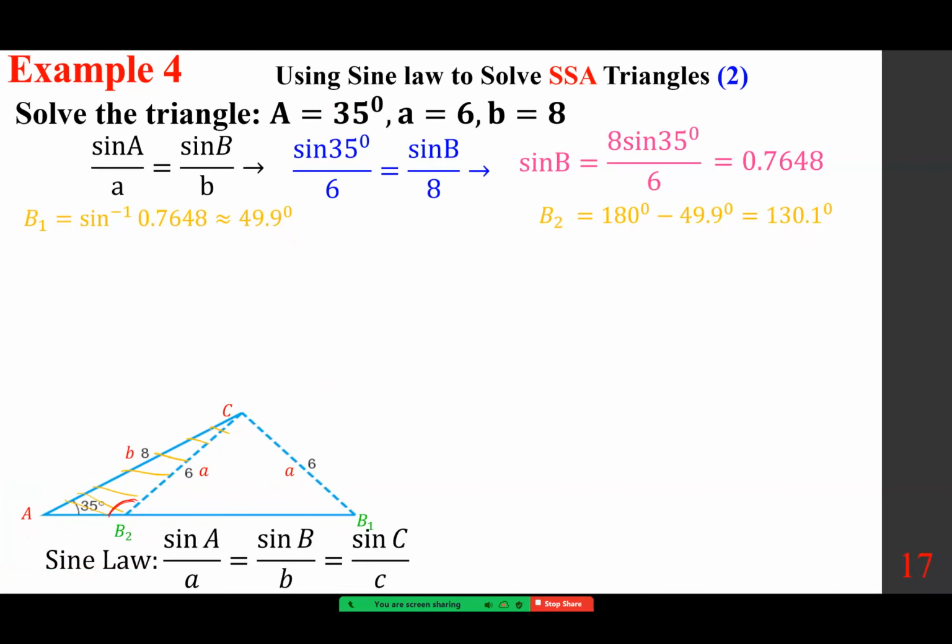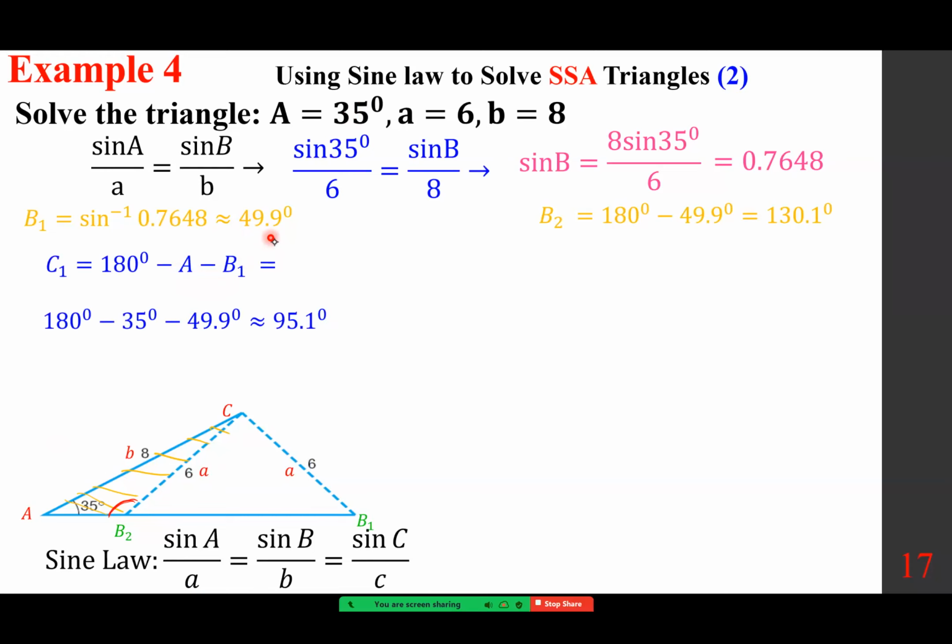So 180 minus A minus B1. That means 180 minus 35 minus 49.9, and it becomes 95.1.